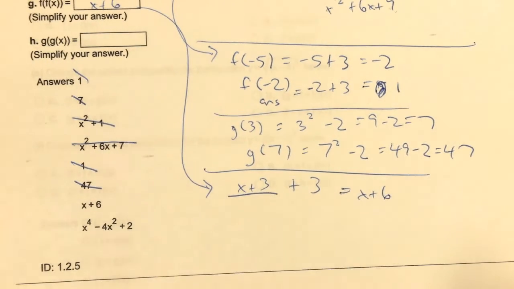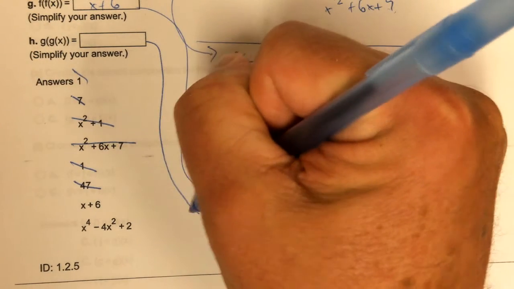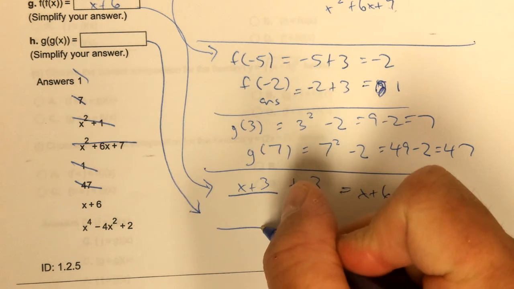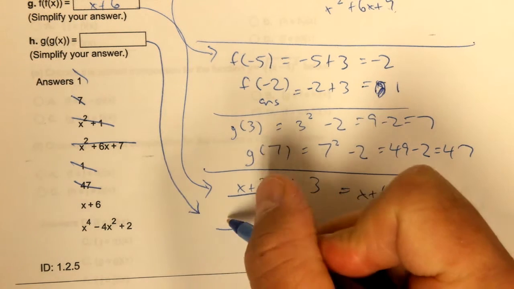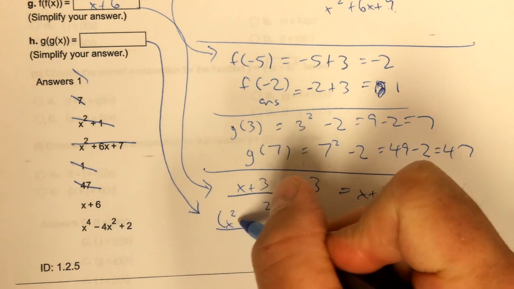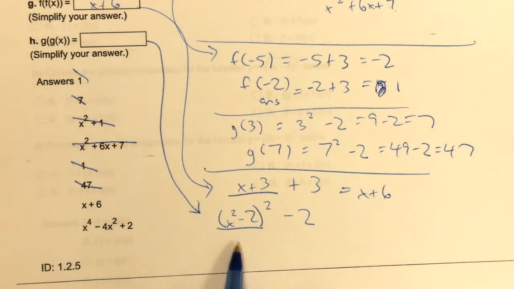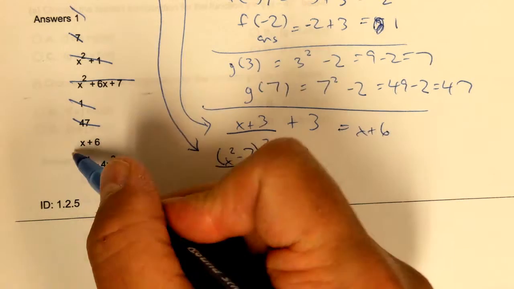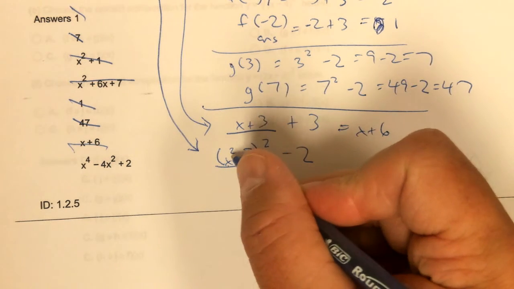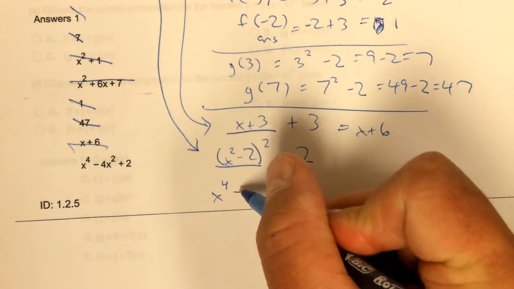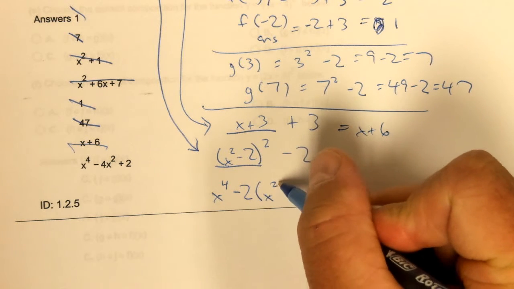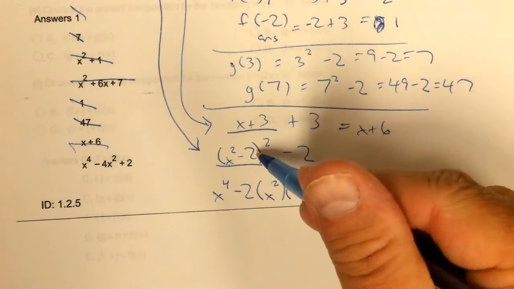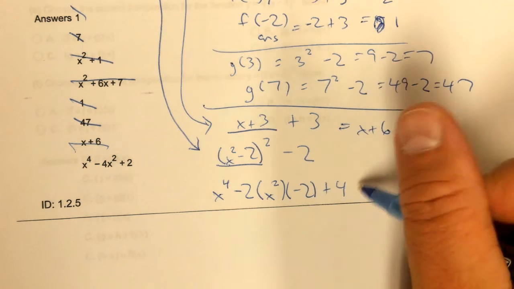Okay, and then for your g of g, we go something squared minus 2, and then we do x squared minus 2 right there. Now on this one you have to expand it as well, because you see this is going to be the answer. So we have to do x squared squared is x to the 4th, minus 2 times the first term times the second term, and then plus 4, and then bring the minus 2.